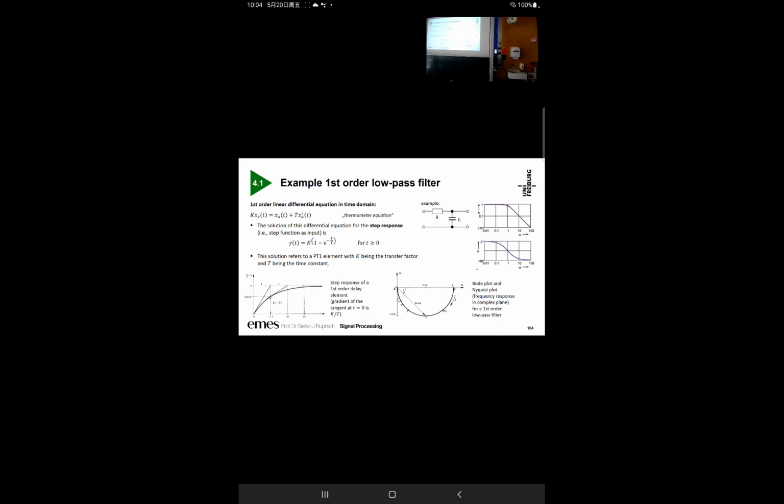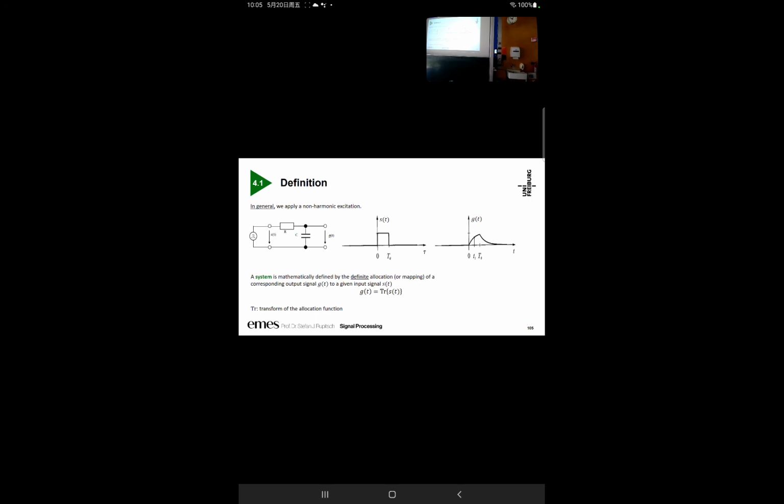The Bode plot is the transfer behavior with respect to frequency. Here with respect to the angular frequency, and here is the phase angle. An alternative visualization of this Bode plot is the Nyquist plot, which is shown here. The Nyquist plot will visualize the real part against the imaginary part.